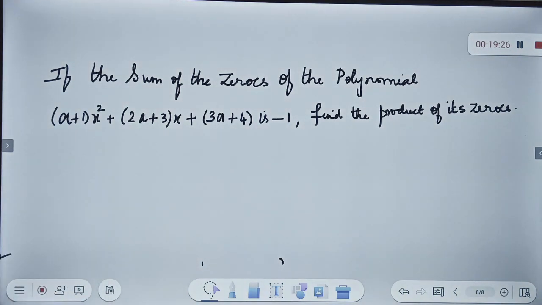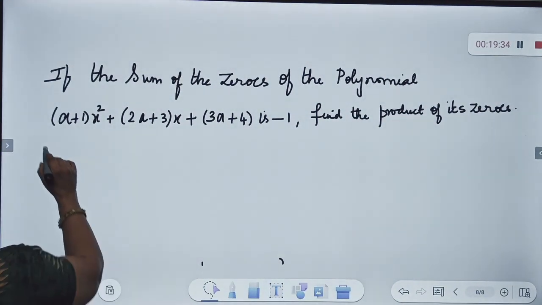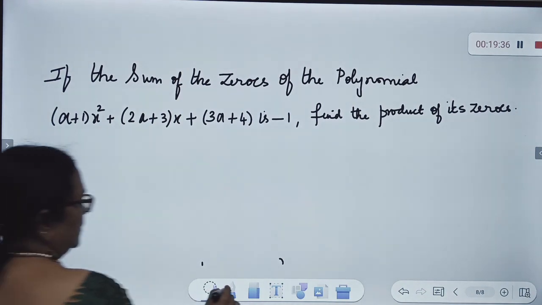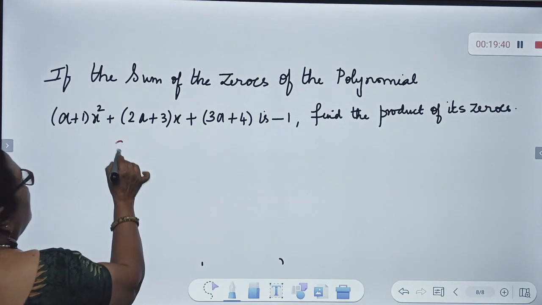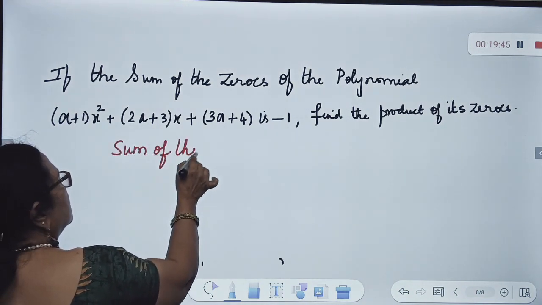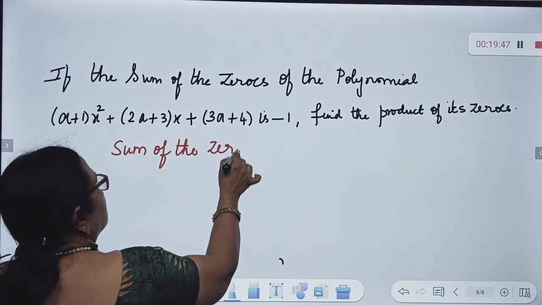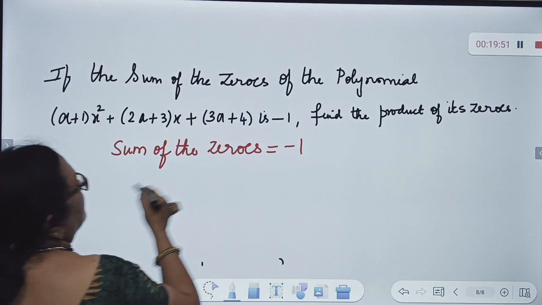Now look at the next problem. If the sum of the zeros of the polynomial is minus 1, you have to find the product of its zeros. So what is given? Sum of the zeros equal to minus 1.